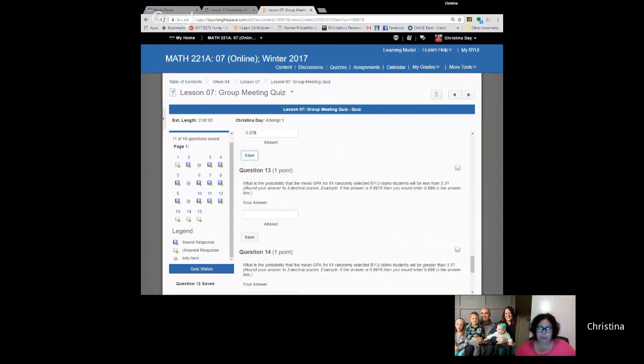Okay, what is the problem? So 81 randomly selected BYU Idaho students. Round to 3 decimals. What is the probability that the mean GPA is less than 3.3? So you take the mean, isn't it 3.3 minus 3.5? I think it's the z-score to the area.